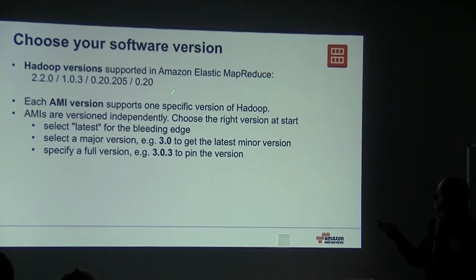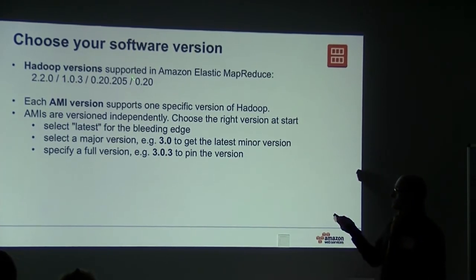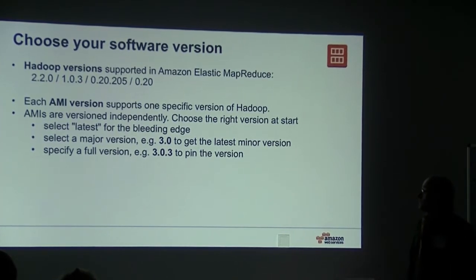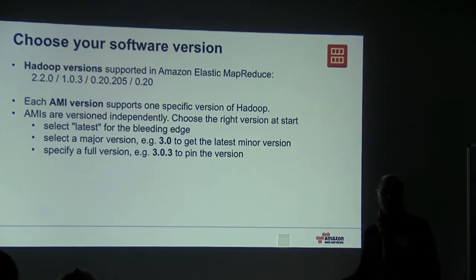Anyway, in EMR you can currently get these Hadoop versions supported. So you can see basically 4 generations of AMIs. That's the latest. That's the earliest that's still supported. It's quite old by now. And each AMI version can support one or more Hadoop versions.